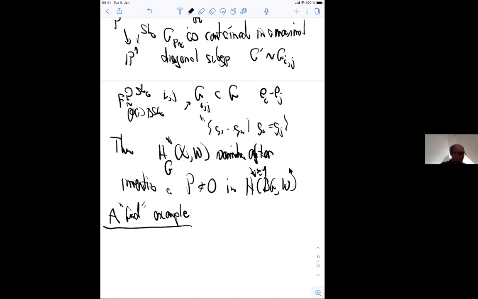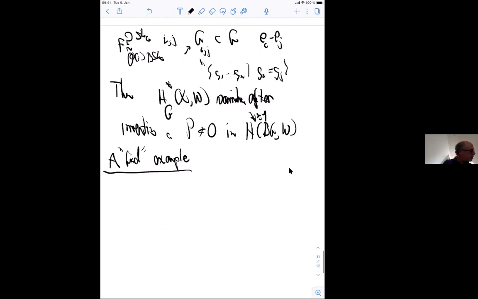Okay, so here's the bad example. Again, we have our standard representation on F. This is a two-dimensional representation. Let's take X to be the projective space on Sym2 of F. So Sym2 of F is now 3-dimensional, so this is a P2 with some SL2 action.